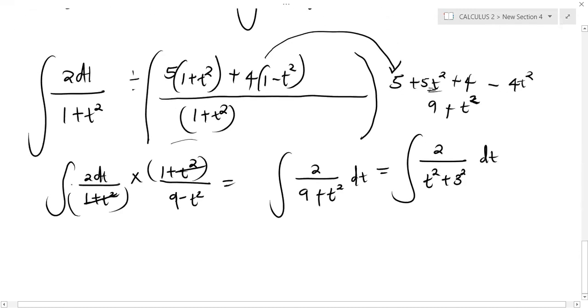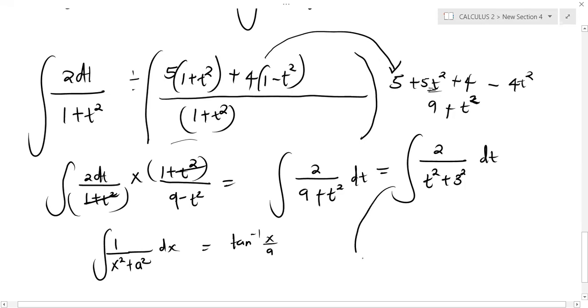From the tables, we all know that if you have the integral of this form, 1 over x squared plus a squared dx, then the integral of this is tan inverse of x over a.